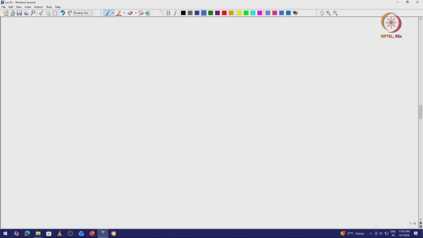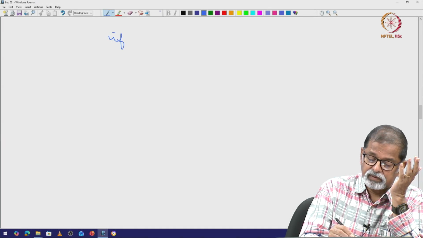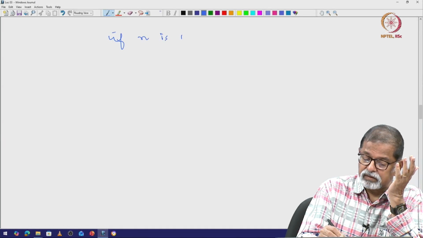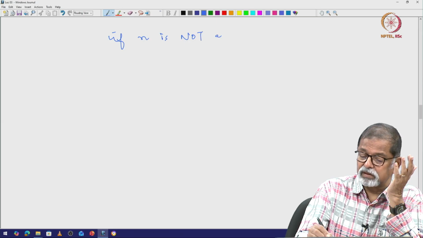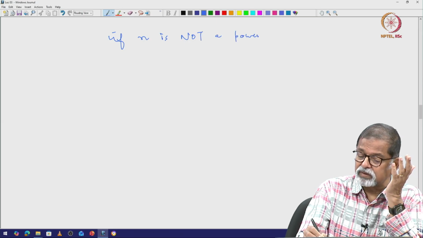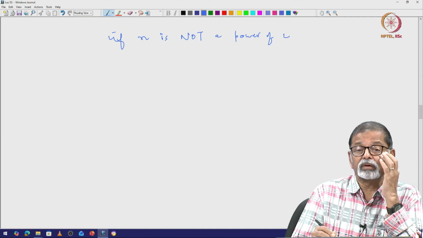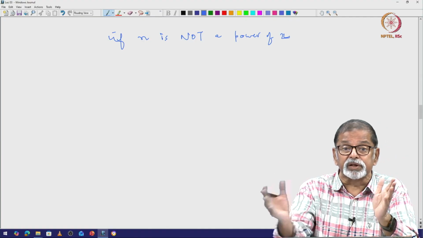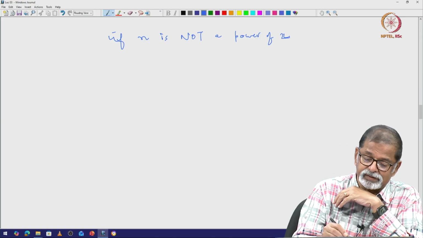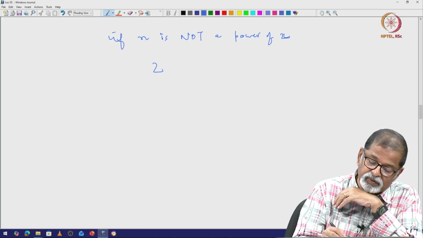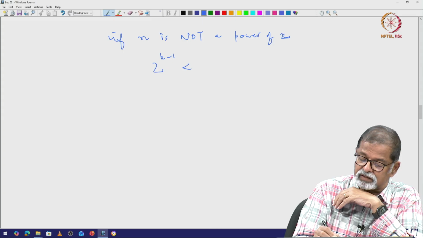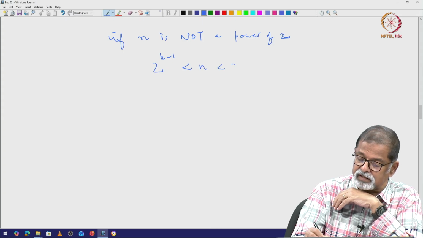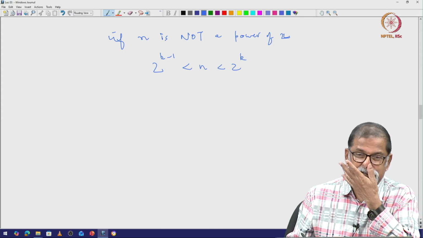Okay. Now, here is what you are going to do. If n is not a power of 2, let it sandwich between two consecutive powers of 2. That is, let 2 power k minus 1 be less than n, less than 2 power k.